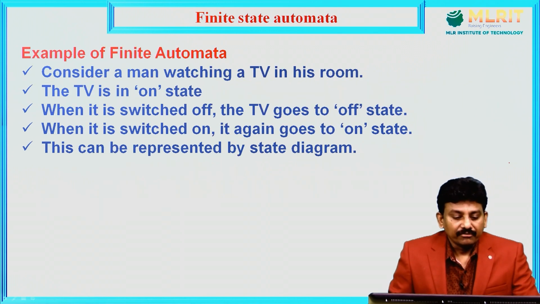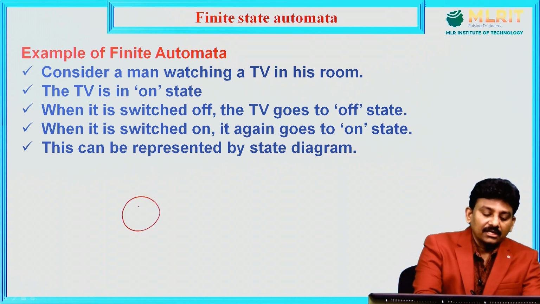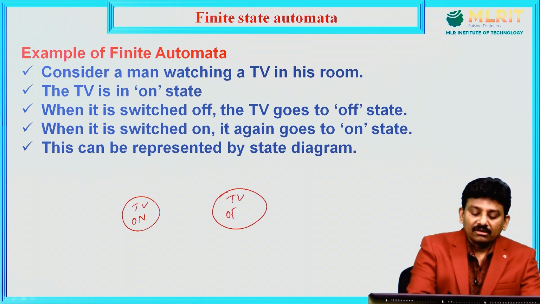Example of finite automata. Let us consider a man watching a TV in his room. The TV is in the on state. When it is switched off, the TV goes to the off state. When it is switched on, it again goes to the on state. This can be represented by a state diagram. Initially the TV is in the on state. Two states are there: TV on state and TV off state.